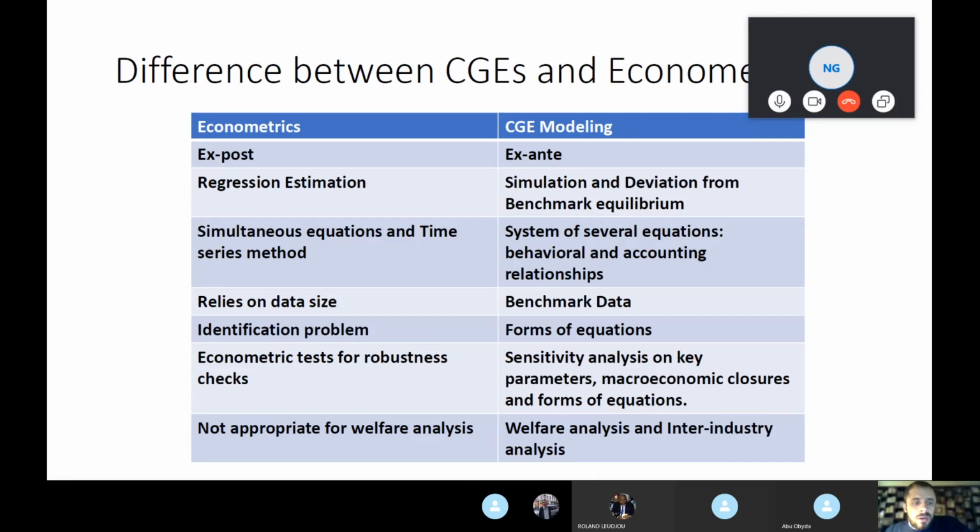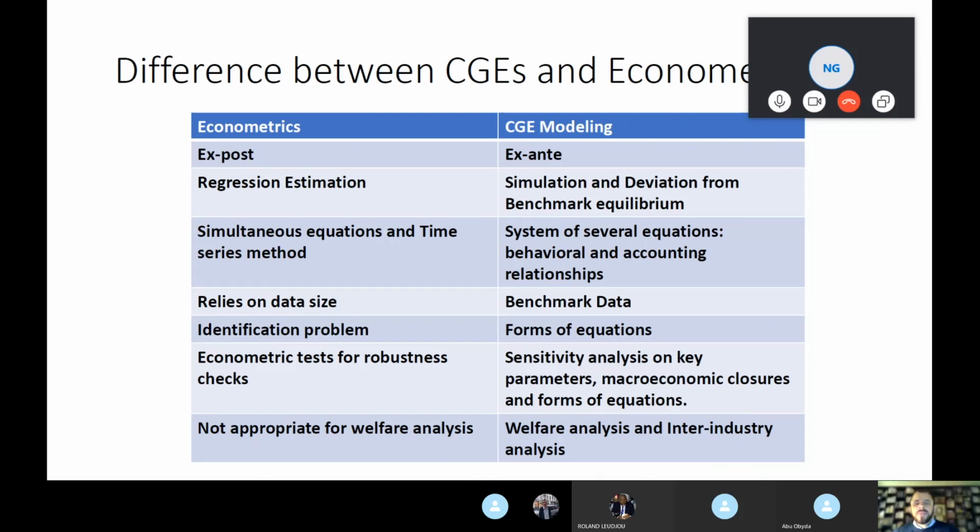The third difference between both is that in econometrics, we have simultaneous equations and time series methods. For instance, we have the impulse response function or any kind of similar technique that helps us estimate the relationships between different variables. But for CGE models, we have two types of equations.